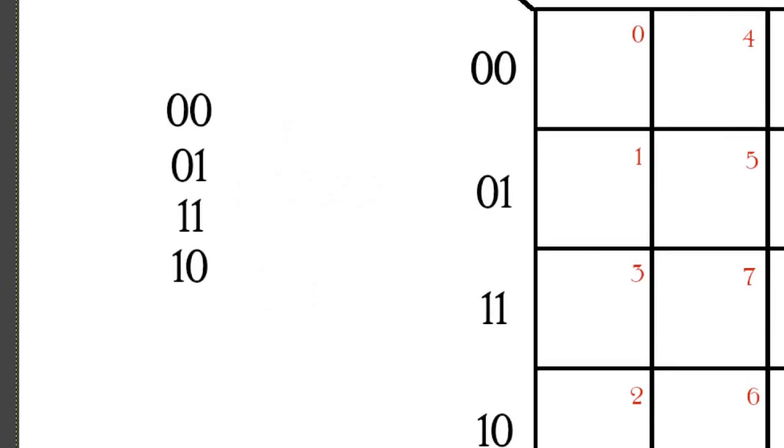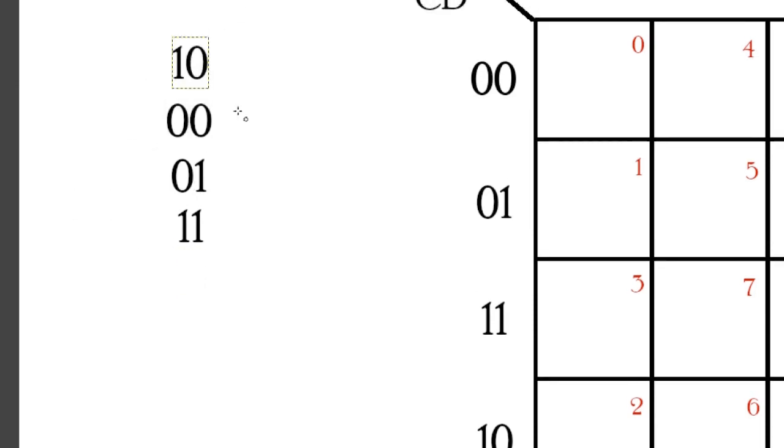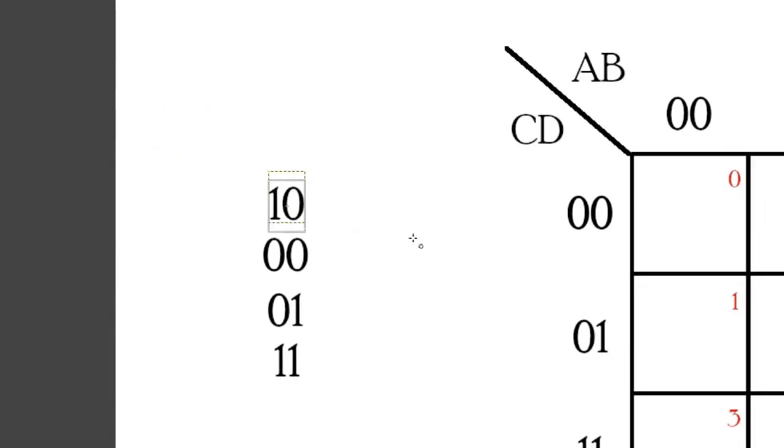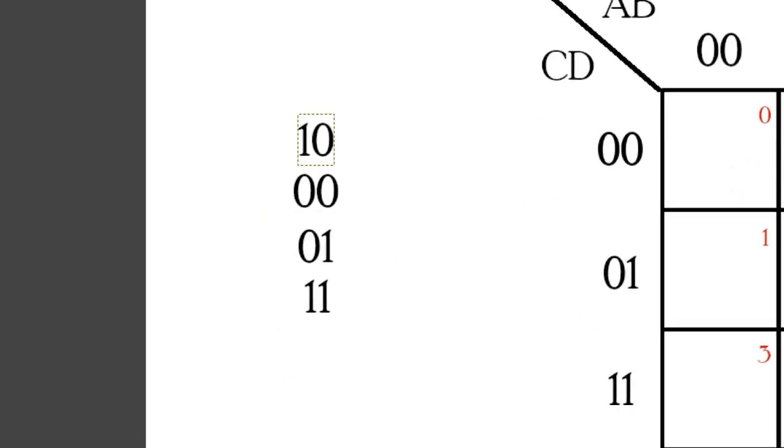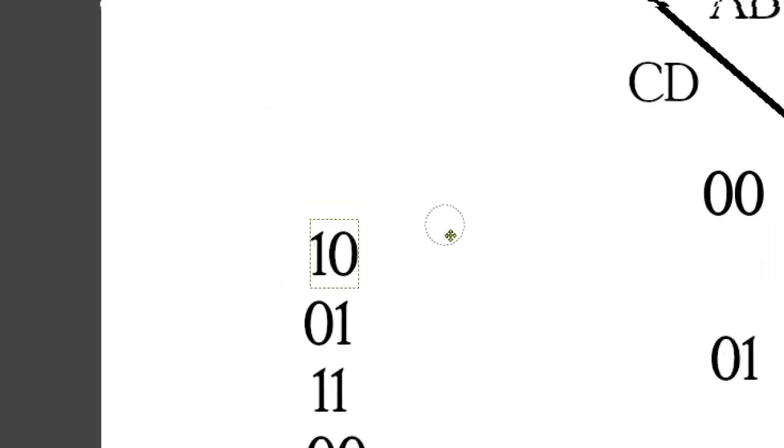So if by any chance you see a K-map with the numbers positioned in a way like this, we just mix it up and see whether it works or not, right? We'll keep it like that and see whether you can couple them. See over here, we can couple this with this, right? And we can couple this 0 with this 0, right?